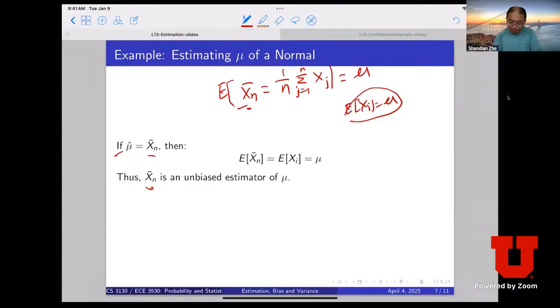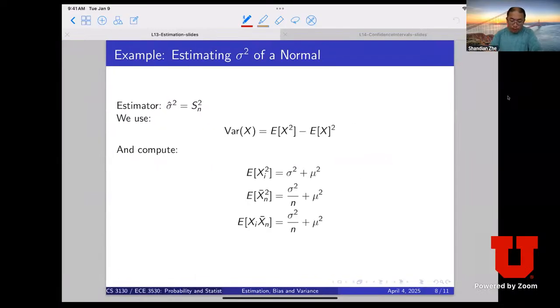Okay, now let us look at another estimator we call the sample variance. So what is the sample variance? Suppose your samples are x1 through xn.